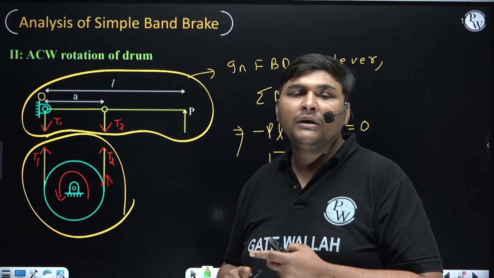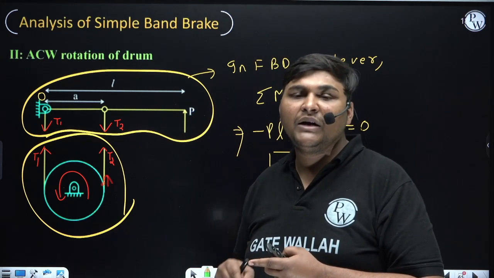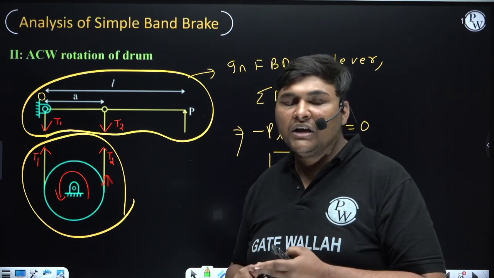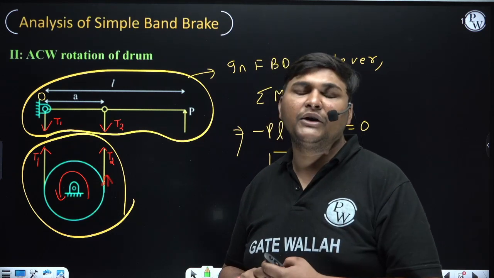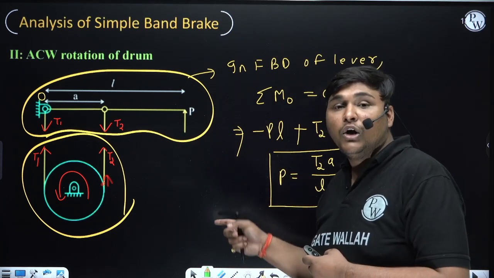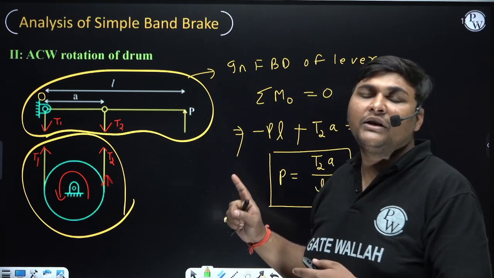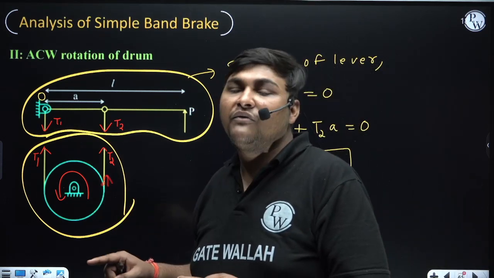In case 1, P is coming in terms of T1. In the second case, P is coming in terms of T2. So definitely for case 1, P will be more, and for case 2, P will be less for the same braking torque. And since in the second case the braking effort is less, to get the same braking action, can I say which of case 1 and case 2 is more effective?